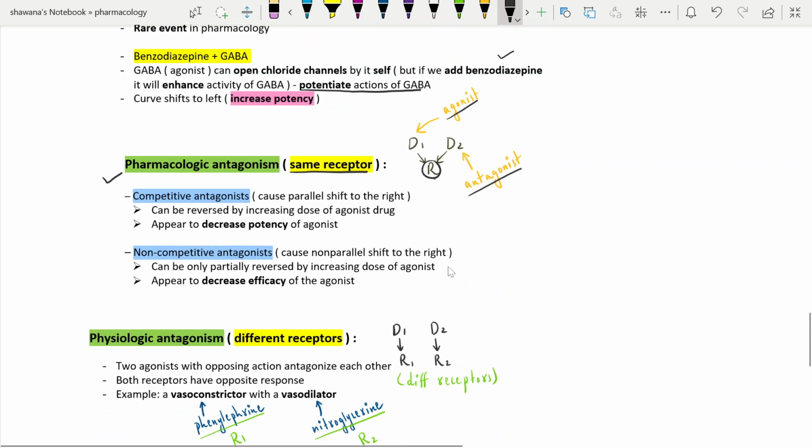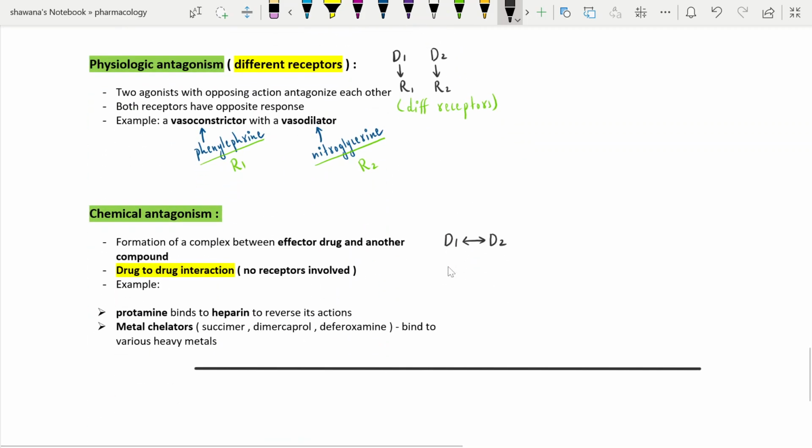There are two other types of antagonism. We have discussed pharmacological antagonism, competitive and non-competitive. Then comes physiological antagonism. What is this? They both have different receptors. It means that the two drugs will have two different receptors, and these two different receptors have two different responses. The most common example is a vasoconstrictor and a vasodilator.